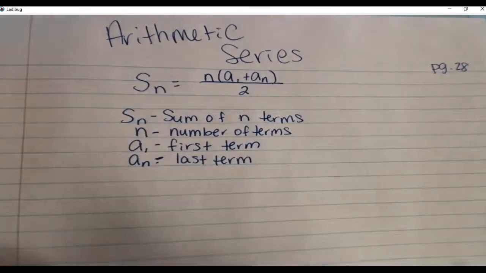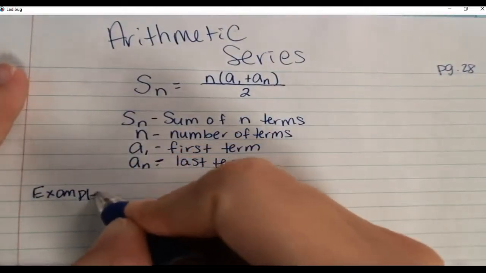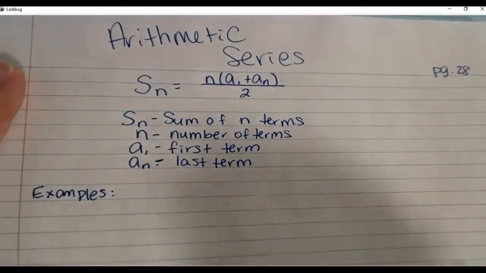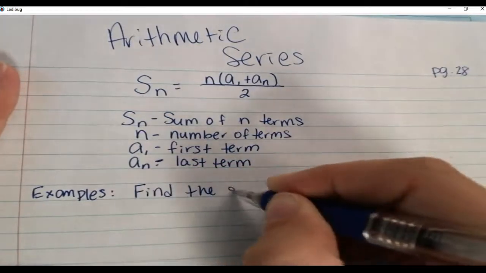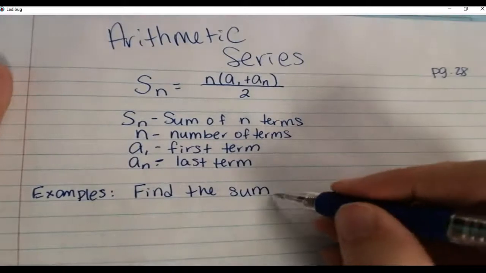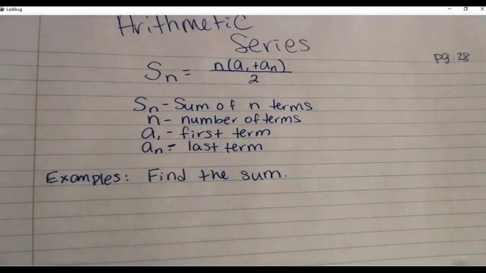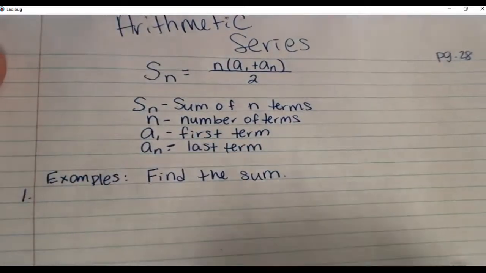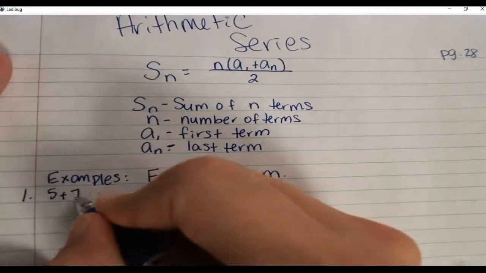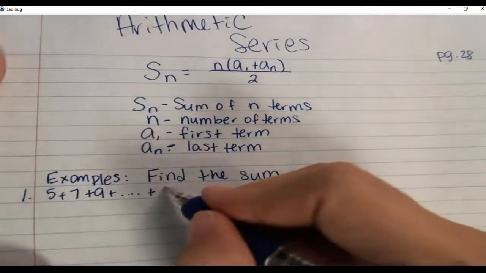Okay. So let's do some. So let's say we want to find the sum. Okay. So the first one gives us 5 plus 7 plus 9 plus etc. to 27.